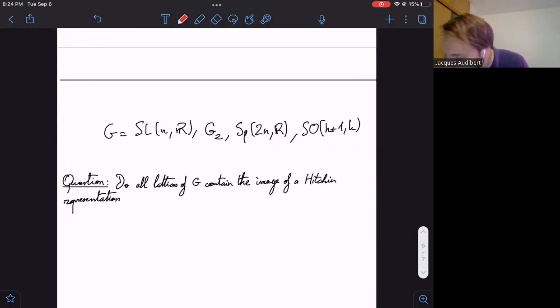The question should be not only whether you contain a Hitchin representation, but do you contain one that is almost a Fuchsian representation? So do all lattices of G contain the image of a Hitchin representation which is as close as possible to the Fuchsian locus?